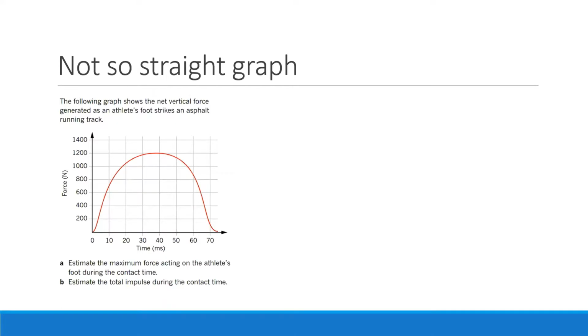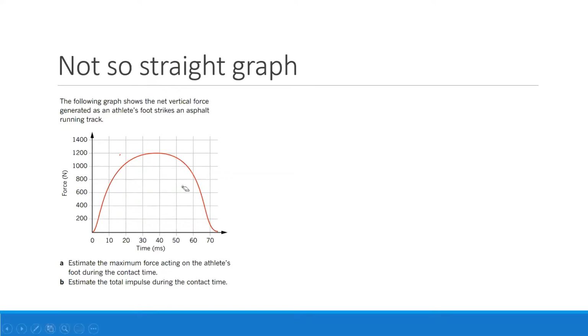Estimate the maximum force acting on the athlete's foot. So yeah, it's the same idea here. Again, initially, only a little bit of force can be pushed on the foot because the foot's barely touching it. Then the foot completely gets pressed against the ground, and in the end, as the foot's coming off the ground, less and less force can push on it.